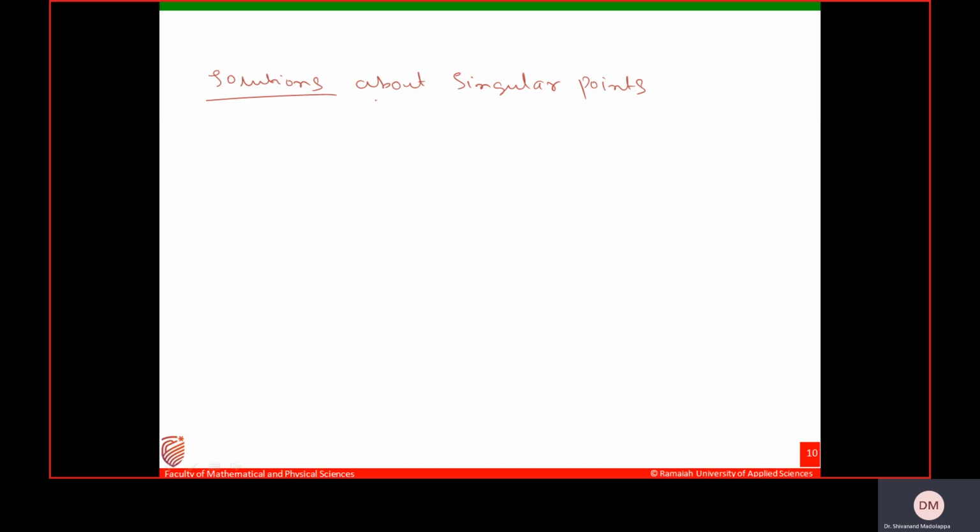There are two types of singular points. One is the regular singular point and the other is the irregular singular point.